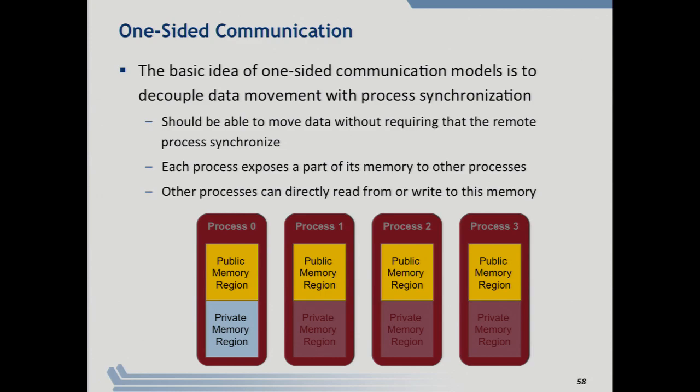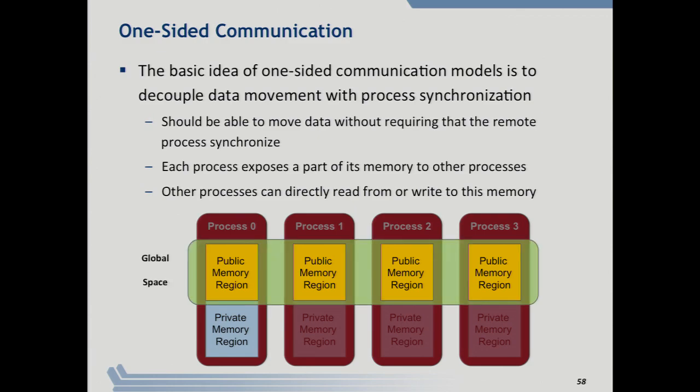What you do is you say, here is some data, this public memory region, into which other processes can place data or read data. But on your side, you can use your entire memory as the source of data that you want to place a copy of someplace else, or where you want to get a copy. And we'll call this a memory window. There's a local window on a process, and all of this memory together we'll call a memory window.